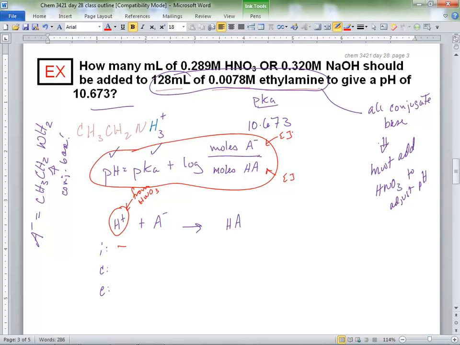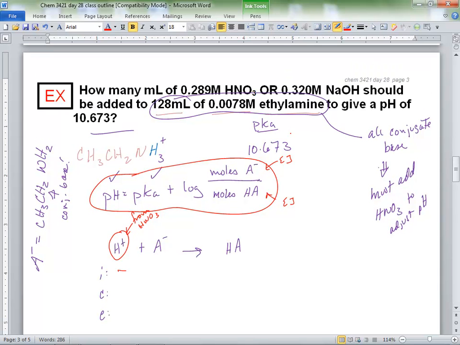So let's get the moles of the conjugate base, right? How would I get the moles of that stuff? Javier, how would I do that? How would I get the moles of that ethylamine? You remember? Yeah, volume and the concentration. Because remember, big M, Javier, what was big M again?